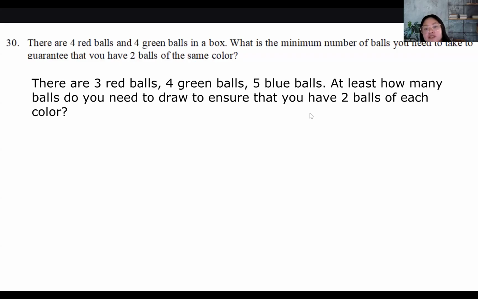Two balls of each color. So that means you would get 2 red balls, 2 green balls, and 2 blue.